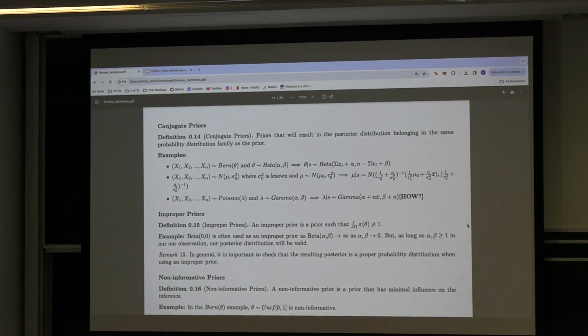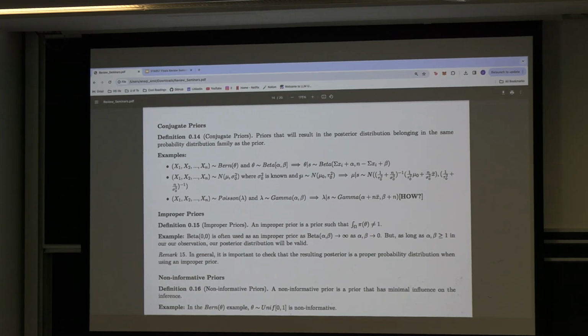These are priors that will result in the posterior distribution belonging to the same probability distribution family as the prior. For example, in an earlier example, we chose theta to be distributed through a beta distribution, and that will yield a posterior of another beta distribution. Same thing with normal.